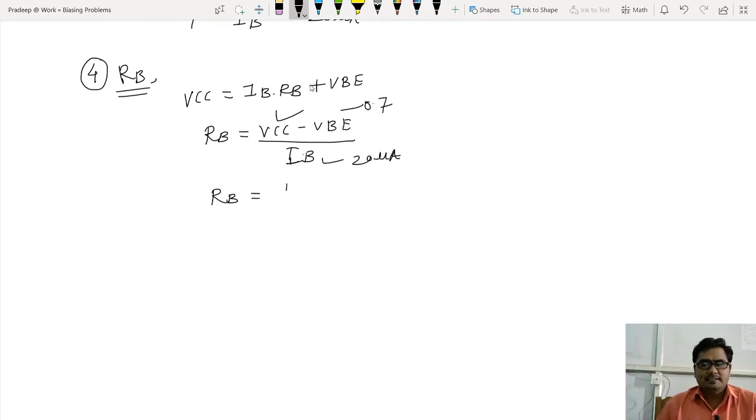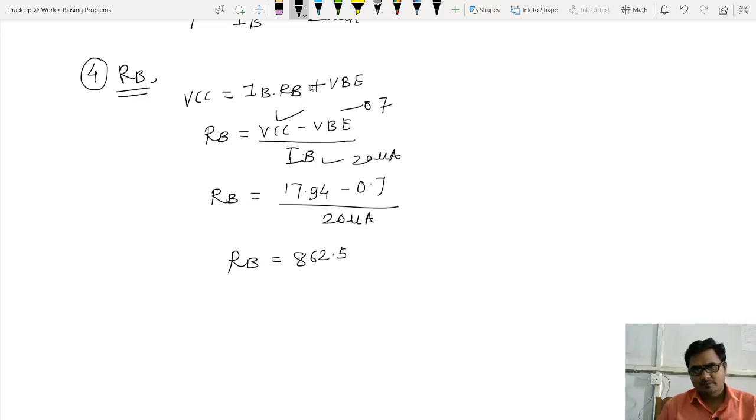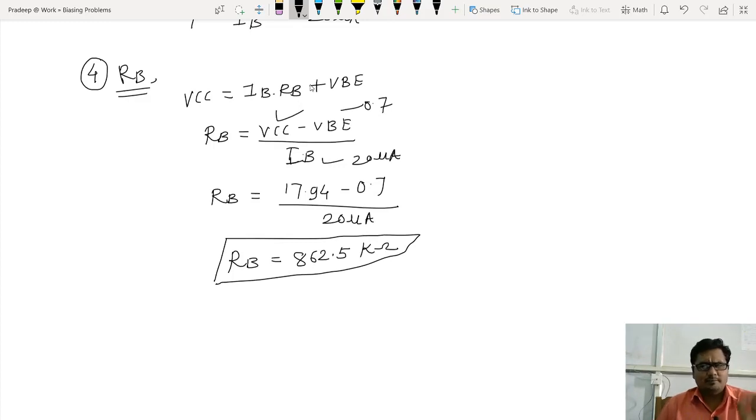So if I write 17.94 minus 0.7 divided by 20 microamperes, then I will get the value of RB. What value am I getting here? 862.5 kilo ohm. Your value may be 862.43 something, whatever approximate. I am writing 862.5 kilo ohm.